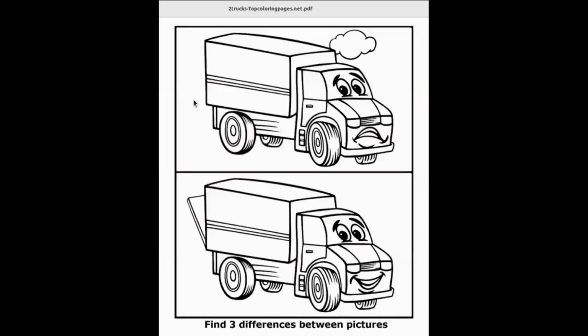What do we do? We go back to what we learned long ago. What's the difference between these two pictures? Sometimes you see nothing on the back of the truck, and sometimes you see something. Nothing to something comparison. Sometimes there's a cloud in the top right, and sometimes there isn't.